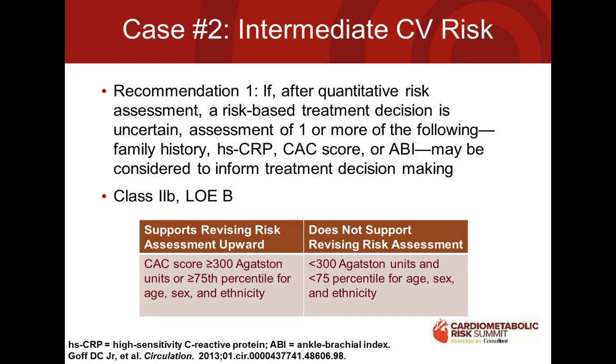This is a specific subset of the guidelines that was looking at the value of secondary testing and risk stratification, and gave calcium scoring a 2B level of evidence B recommendation, so you could consider doing it.